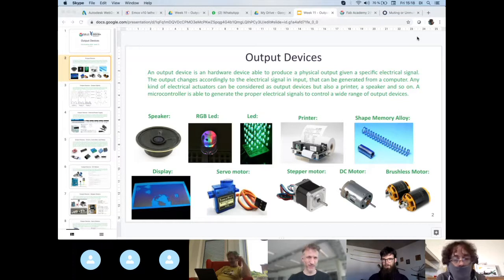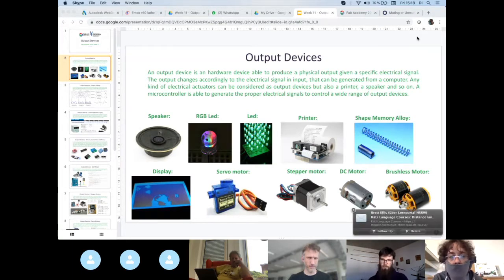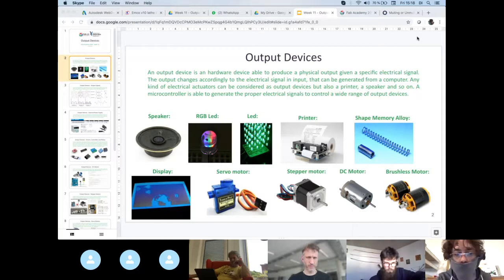Again, similar to the definition of an input device, in our case, we define an output device as a device that can take as an input an electrical signal and that can give as output a change in the physical world. The change in the physical world can be movement, light, temperature, colors, sound, anything that changes the physical world.